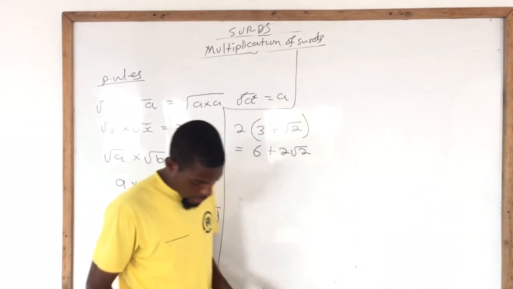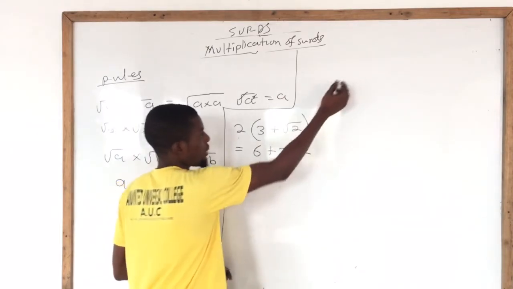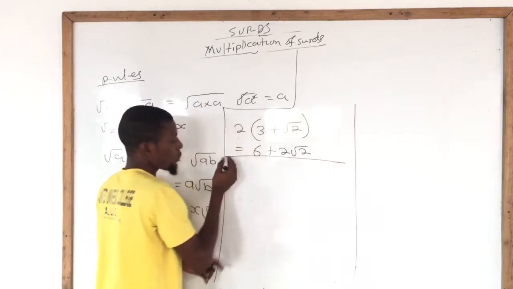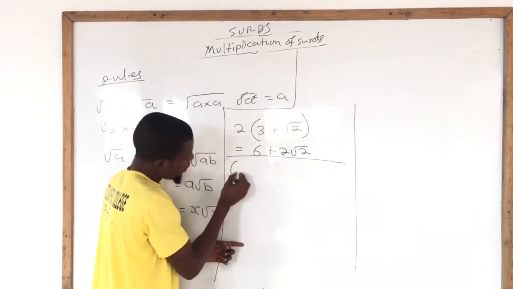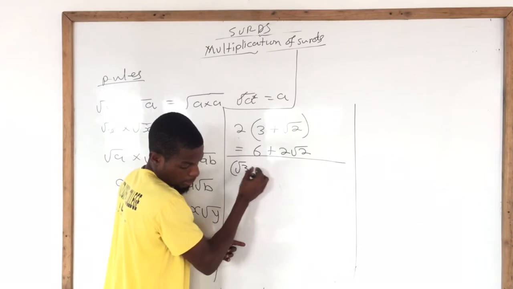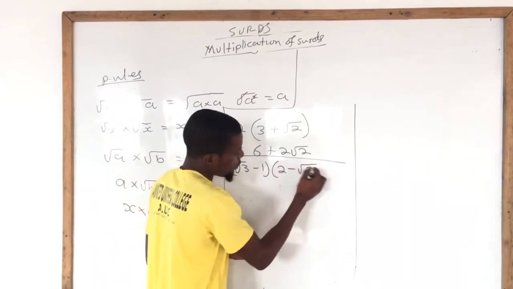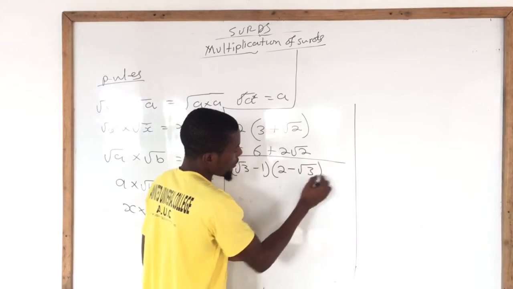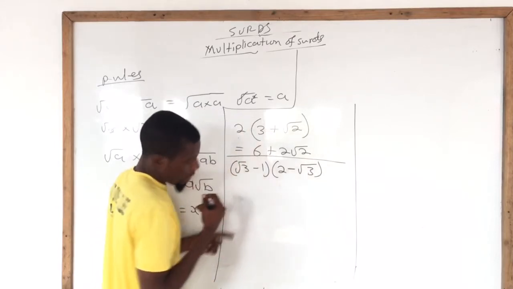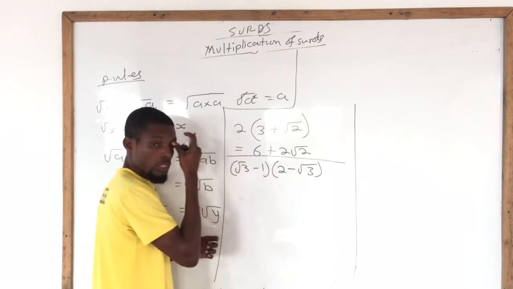This time, let me make it a bit complex. I have root 3 minus 1, then I have 2 minus root 3. Remember this is multiplication of 2 binomials.